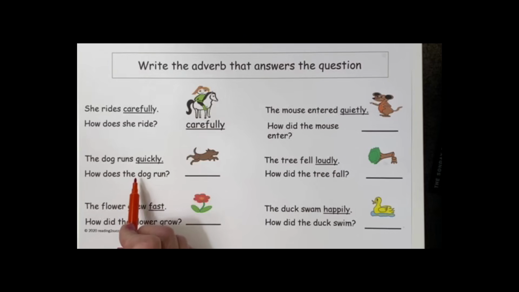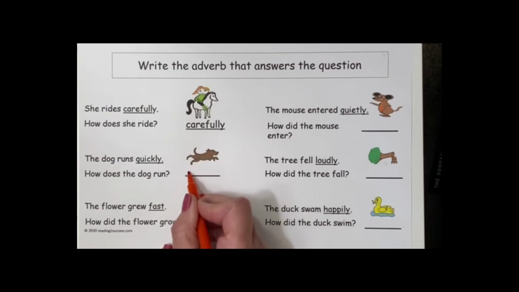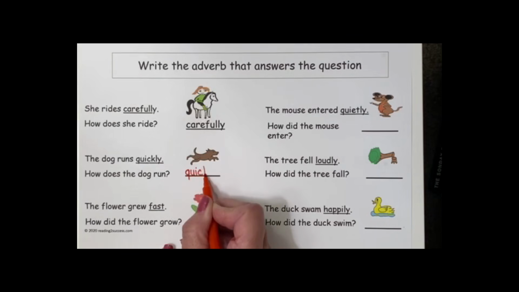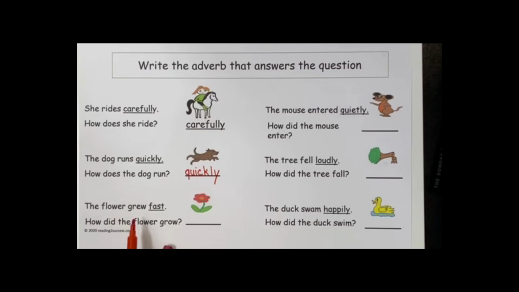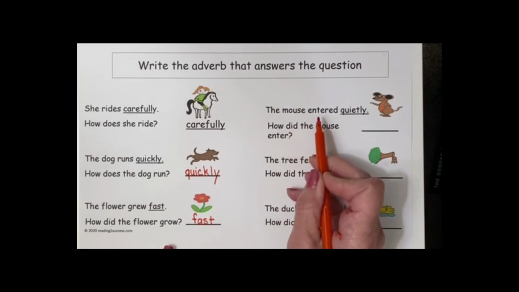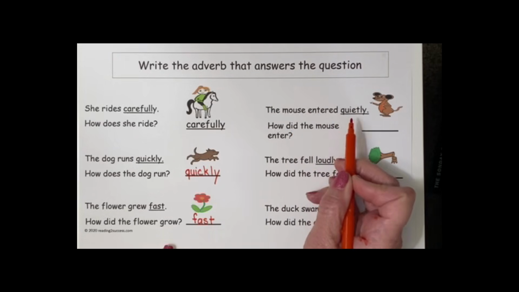How does the dog run? Quickly. The flower grew fast. How did the flower grow? Fast. The mouse entered quietly.